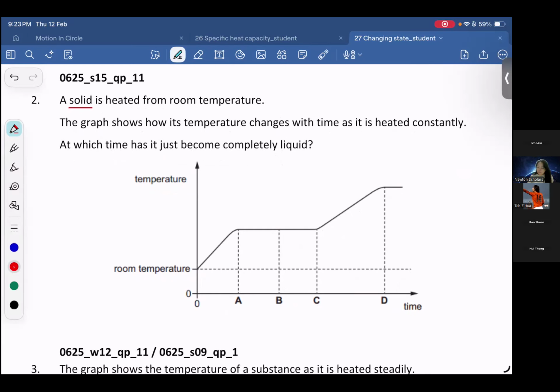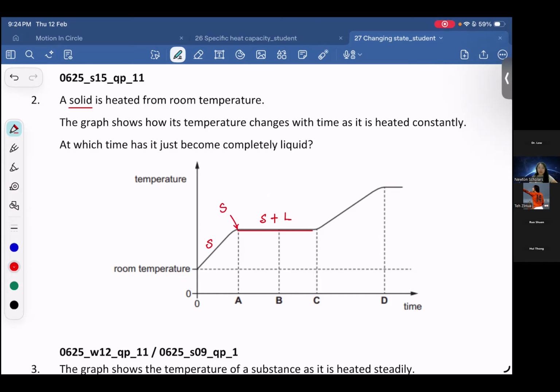Daniel, in between here, this part is solid. Then this is melting, so it will have solid plus liquid. So where is the point where it completely becomes liquid? When it is horizontal, they are still changing phase. So what do you think, Daniel? At A, B, C, D, which one is completely liquid, just become liquid? Here is still solid.